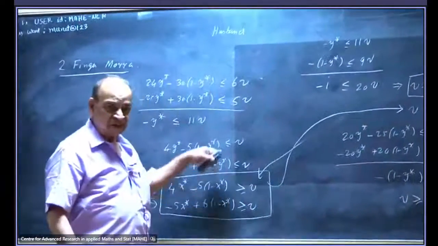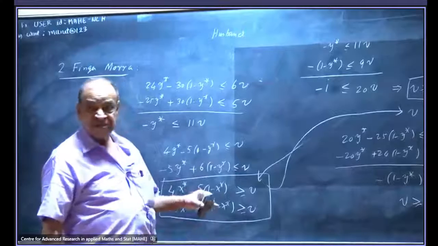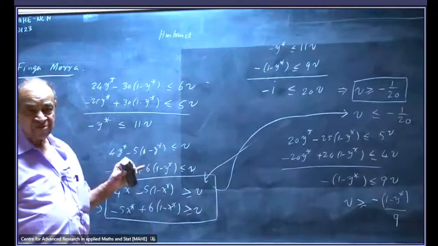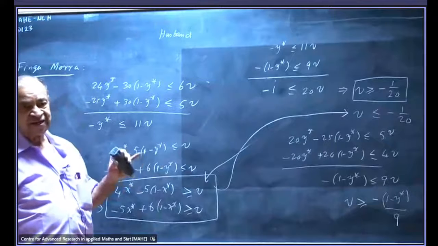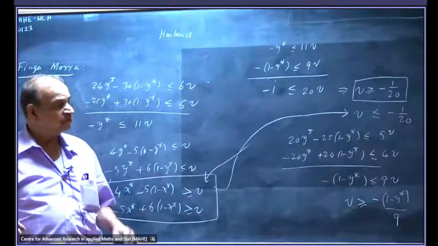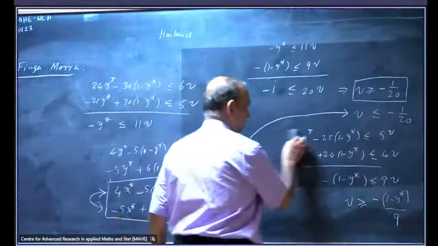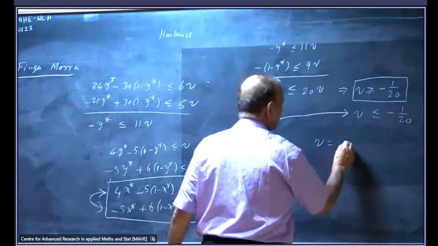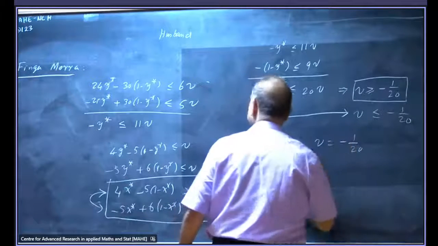Because in the same method, from this we get what is b. b should be equal to minus 1 over 20. So, after so much struggle, we are able to determine what is b. So, b equals minus 1 over 20.